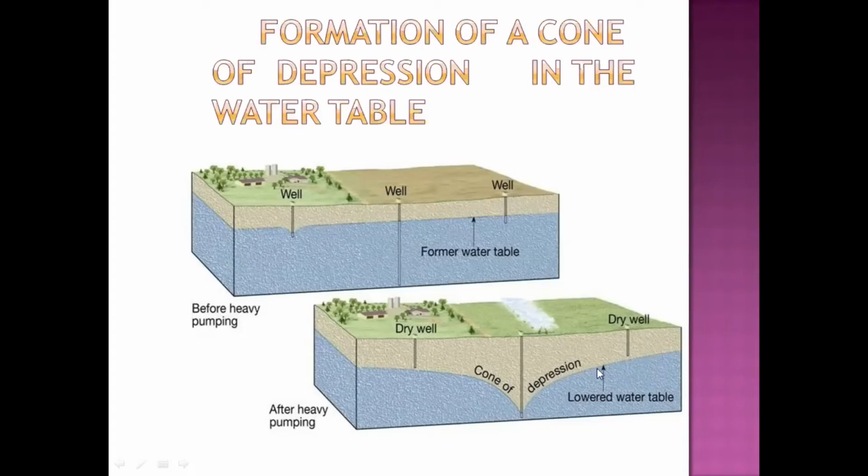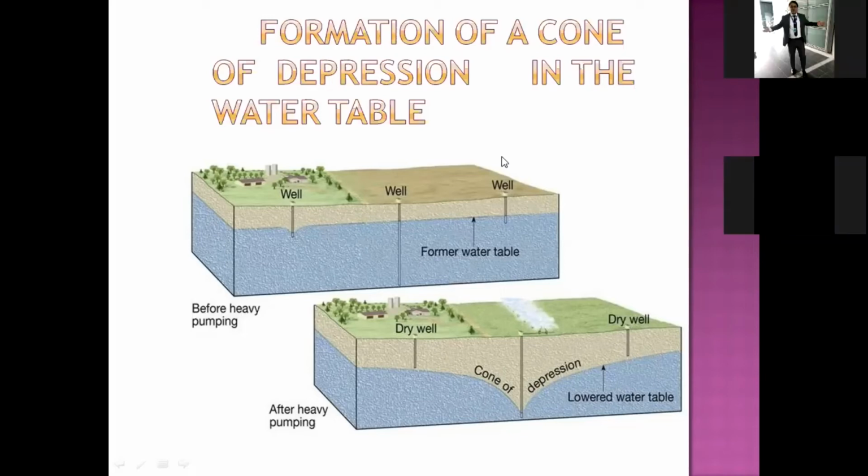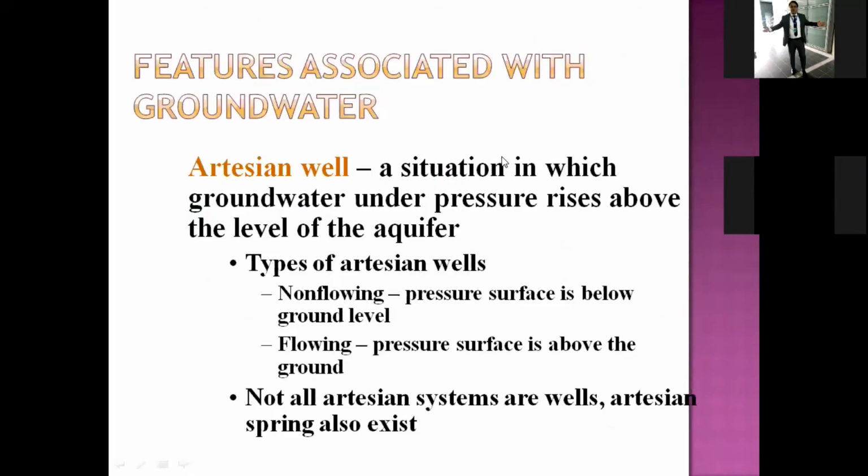And you can see that the water, because it is in the pore, takes some time to recover this depression. That's why normally in heavy pumping tube wells, they give time to water to recover, so that the water recovers its level, and after that you start pumping again. That's why understanding and using the water efficiently is very important. And if we are wasting those resources, it will cause us greater damage in future.